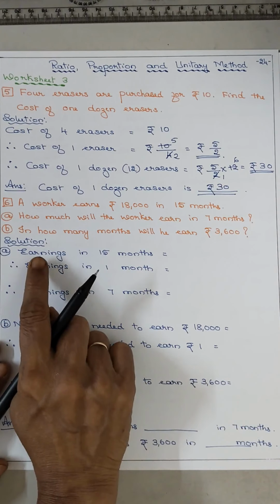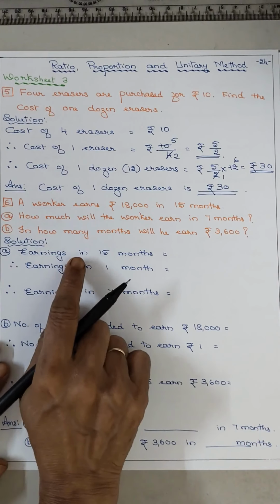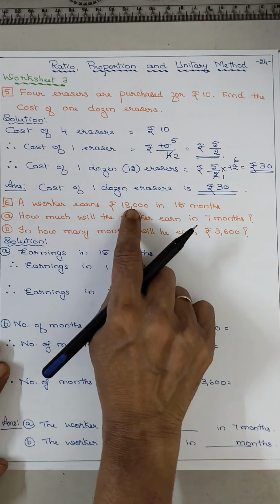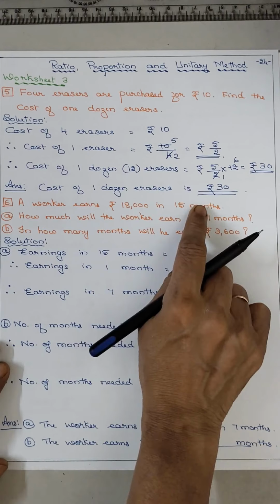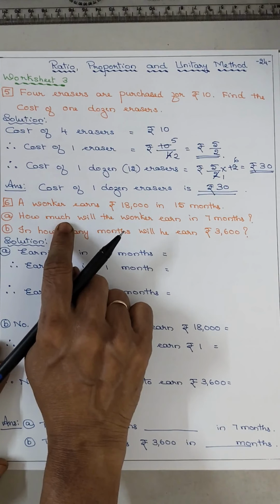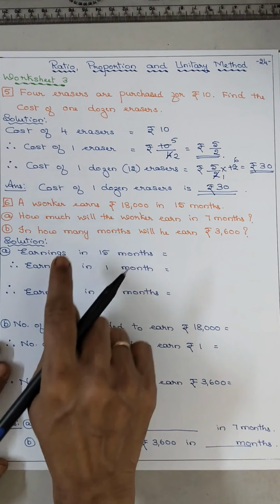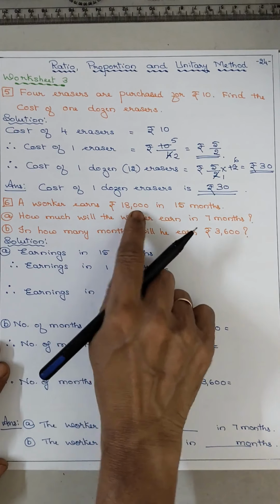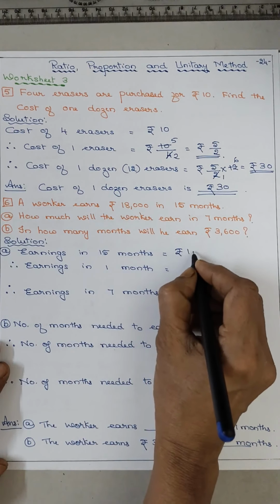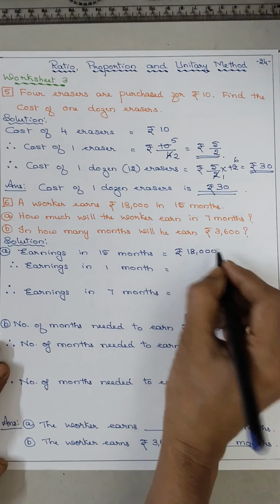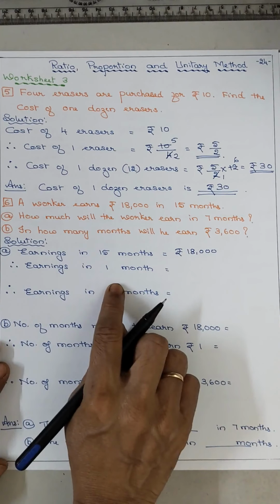So first statement, what it will be? Earnings in 15 months. 18,000 in 15 months. How much means earnings only you have to find. So earnings in 15 months is ₹18,000. Now earnings in 1 month.